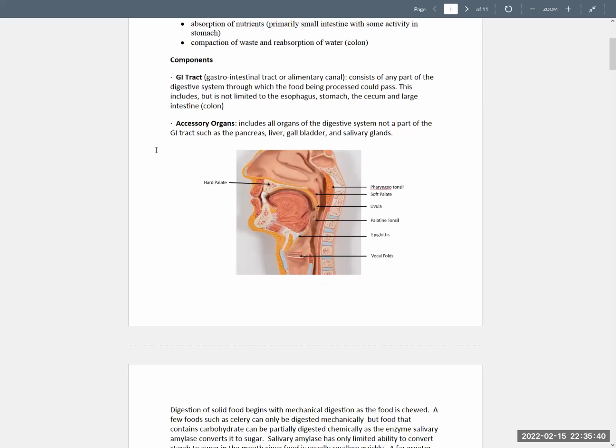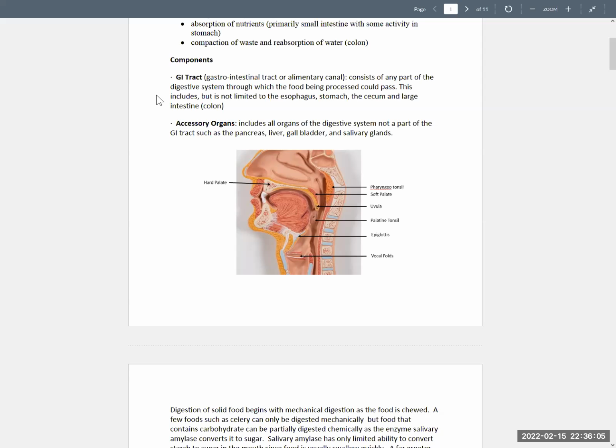Components of the digestive system, we can break it down into many, but we have two that are rather important. The GI tract, gastrointestinal tract, sometimes called alimentary canal. I probably would scratch that out, but some people still use it. Almost nobody ever says gastrointestinal tract.